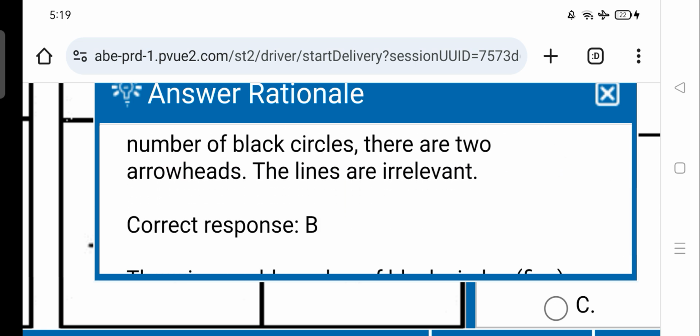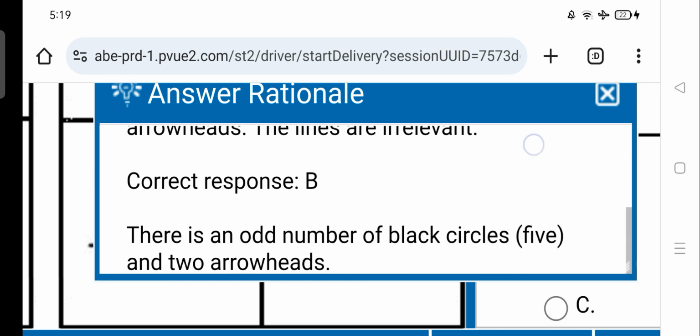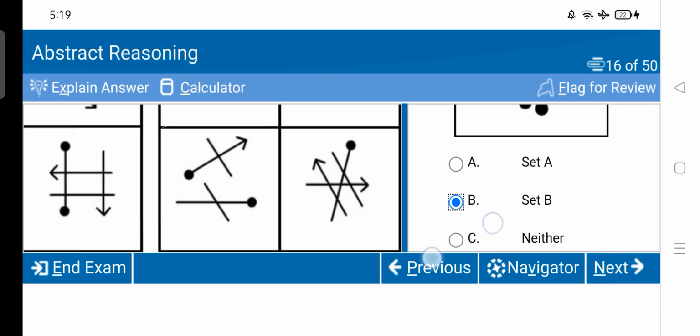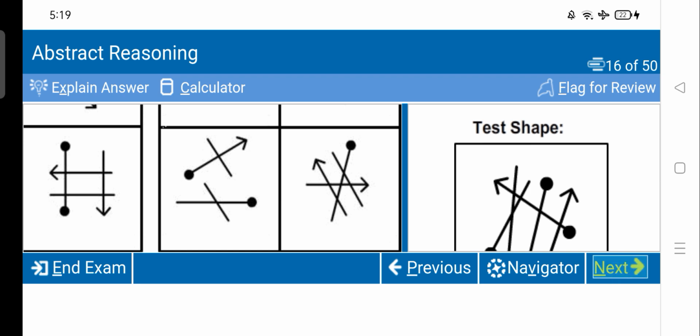The lines are irrelevant. So the correct response is option B, as there is an odd number of black circles, which are 5, and 2 arrowheads. So that's how we can say the correct option is option B. So this test shape belongs to set B.